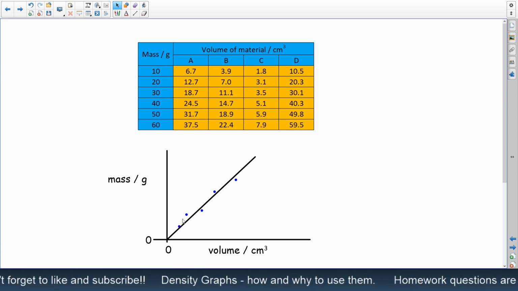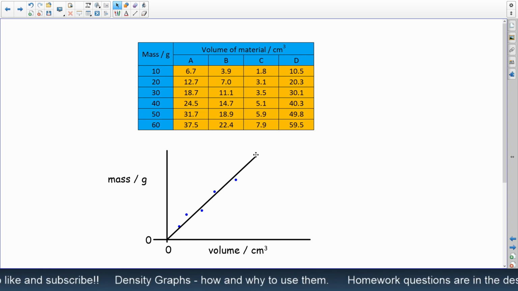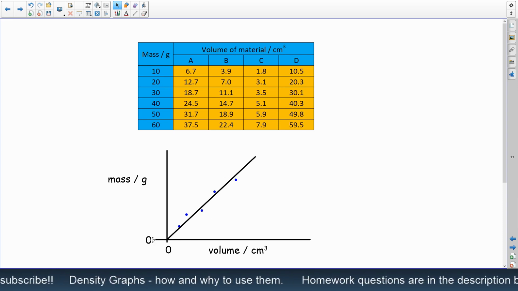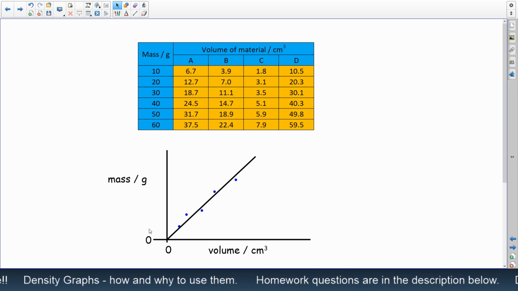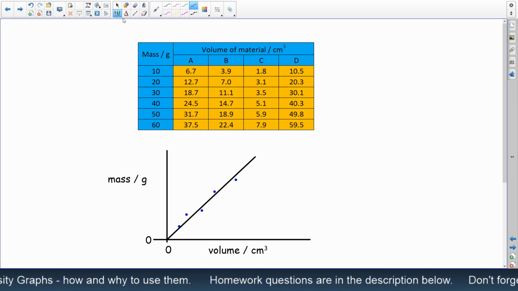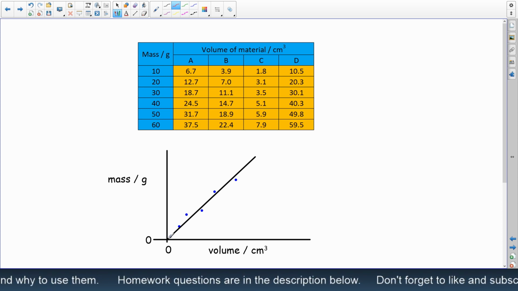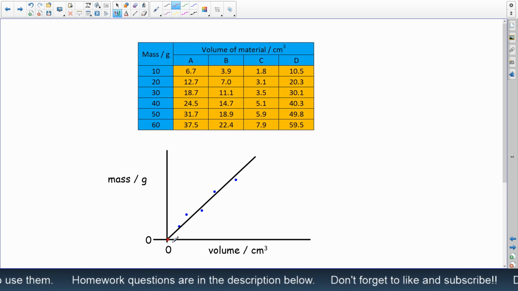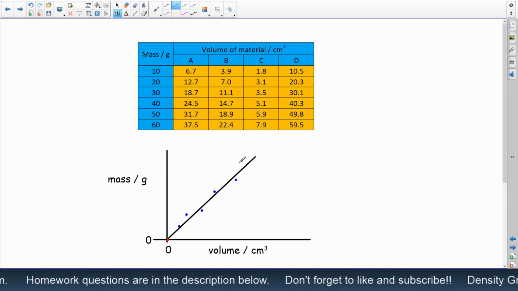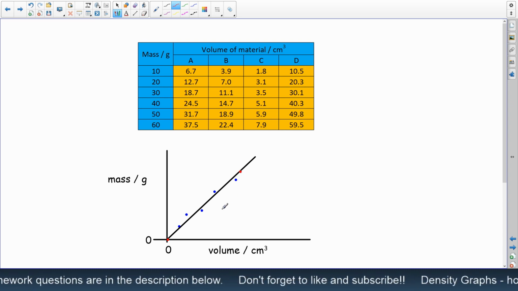All right, so we've got some data points that are not ideal, and we've got a line of best fit through that. How does that help me then with my density problem? Well, what I can do now is I can use the gradient of this line. Because if I go and get the gradient of this line, I pick a point here, and I should pick 0, 0 as a point, and I pick a point further away.